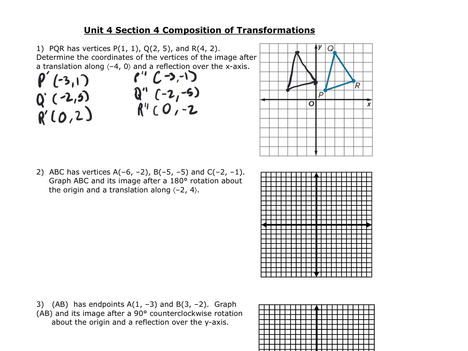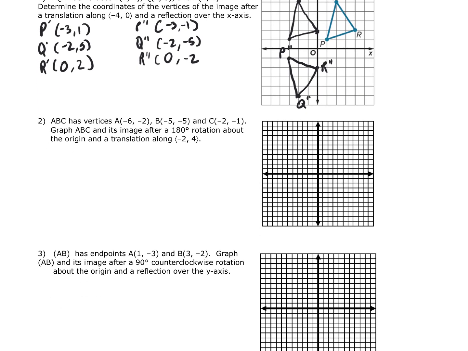So now we can plot those points: (-3, -1), (-2, -5), and (0, -2). So P double prime there, Q double prime, and then R double prime. That is how we do a composition of transformations.